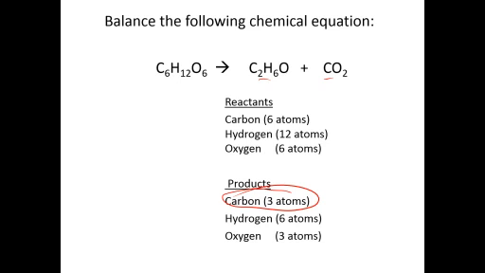Now hydrogen, you have 6 atoms of hydrogen, and in oxygen you have 3: 2 oxygen atoms in CO2 and 1 oxygen atom in the ethanol, so that gives you 3. So how should you go about balancing this particular equation?